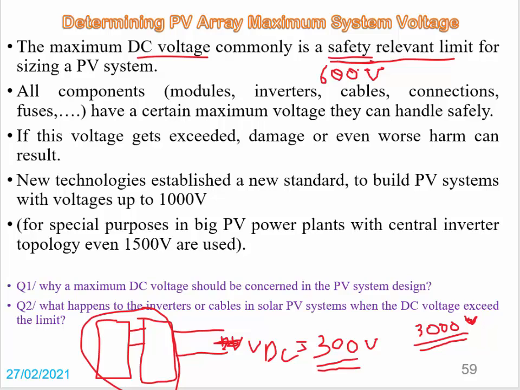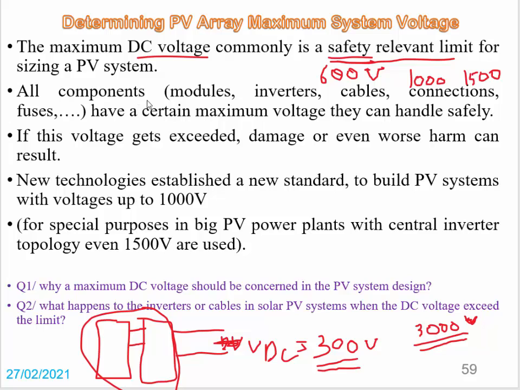in the regions where there are humans, at our houses, or maybe up to 1000 volts in some commercial applications, and maybe 1500 volts for special purposes.